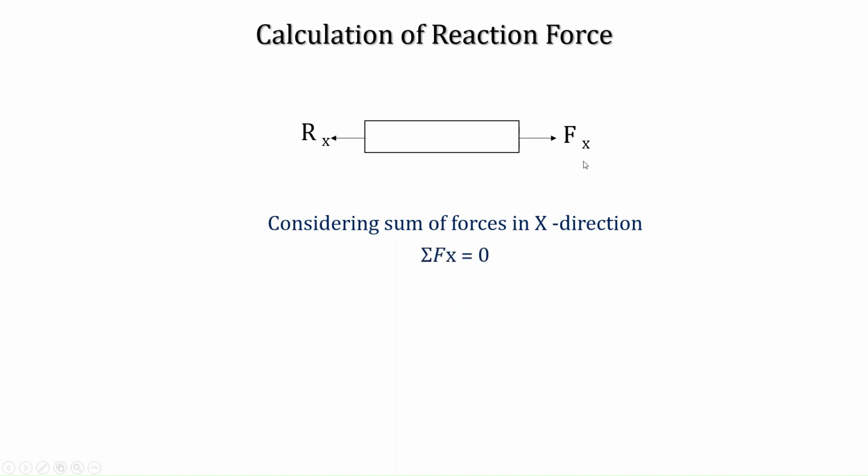Considering the summation of all the forces in the x direction to be equal to 0, we have the sum of Rx and Fx equal to 0. We know the magnitude of Fx is 160 kilonewtons. Therefore, upon substitution, we get the reaction force magnitude to be minus 160 kilonewtons. This is the value of the reaction force at the support.